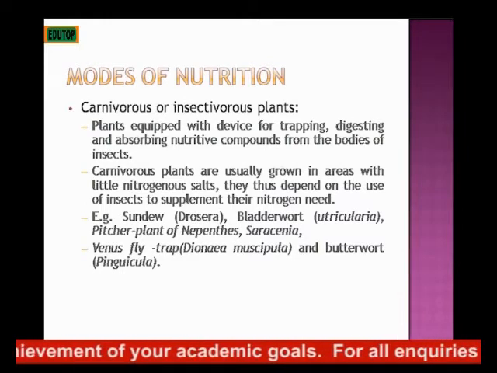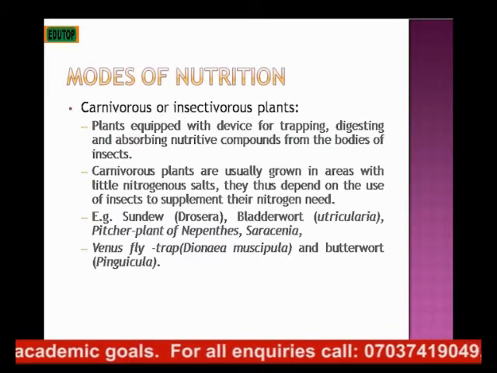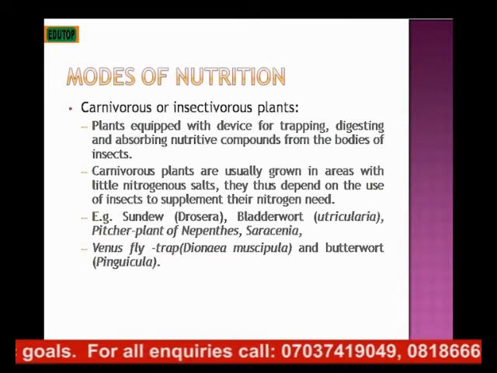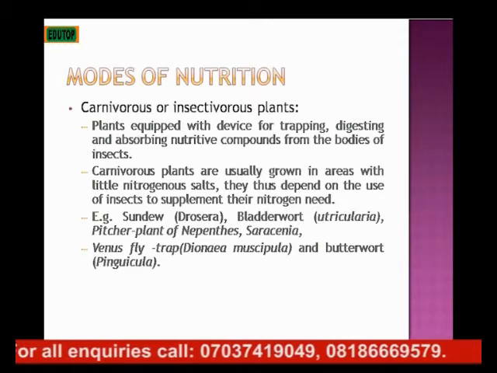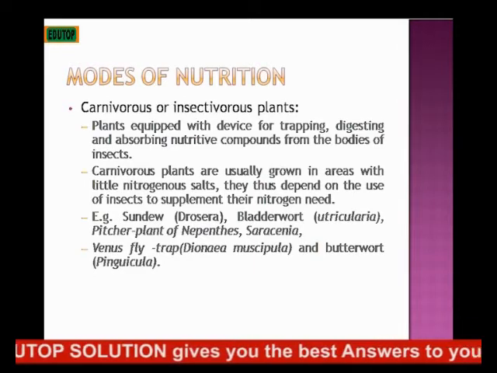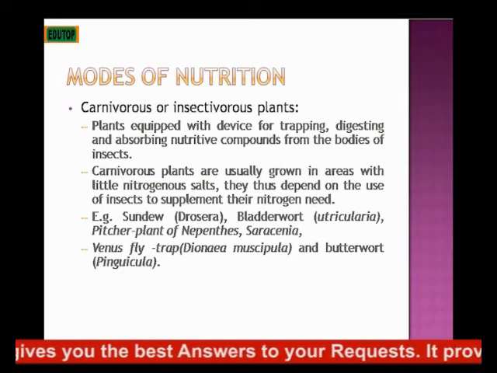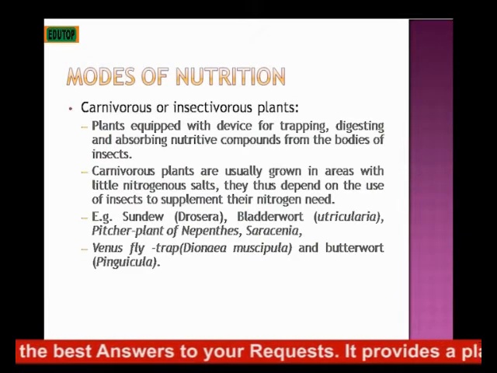Some plants feed on insects. They trap some insects, they digest and absorb food material from the body of insects. And those carnivorous plants are grown in areas with little nitrogenous salts. So they depend on these insects to supply them nitrogen.